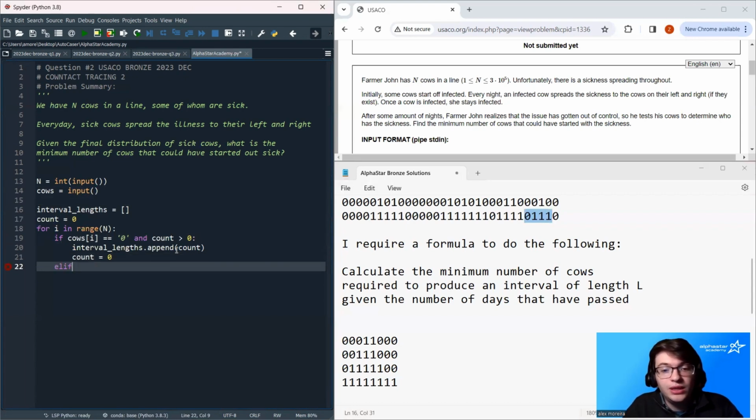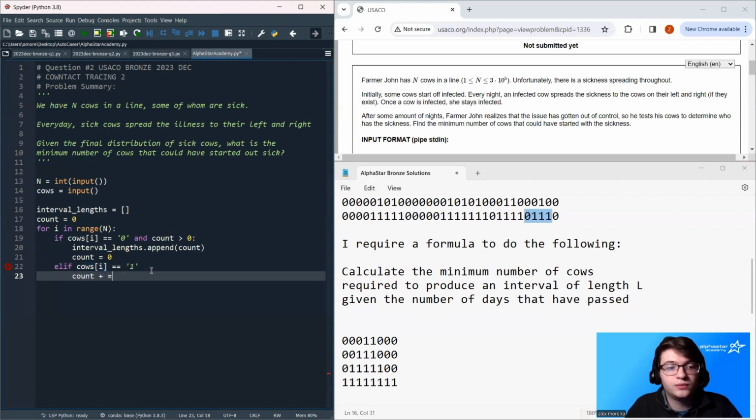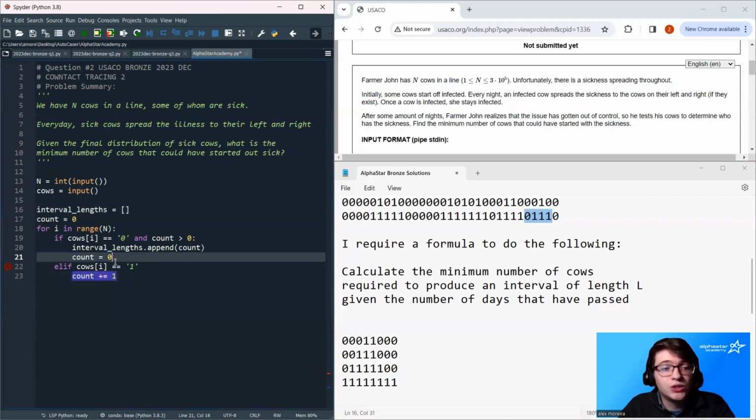Then if on the other hand, the current cow is sick, right? Then we want to increase the count by 1. So this is just saying, okay, I'm still inside my interval of sick cows. I'm going to increase my count by 1, and then as soon as I find the next healthy cow, I'll add that value to my interval.